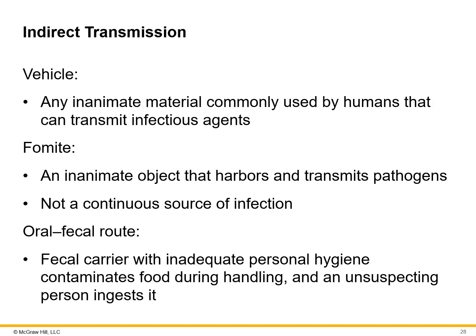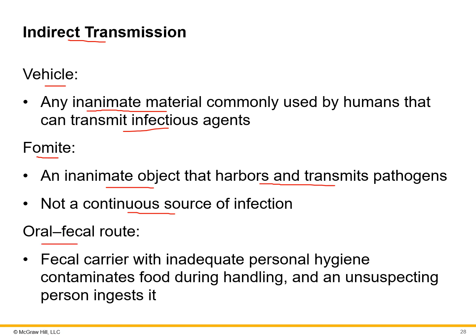And then with indirect transmission, again, some of our terms: vehicle is when an inanimate material commonly used by humans is transmitting the infectious agent. Fomites are inanimate objects that harbor and transmit the pathogens, so they're not a continuous source of the infection. Like a pen would be an example of a fomite.